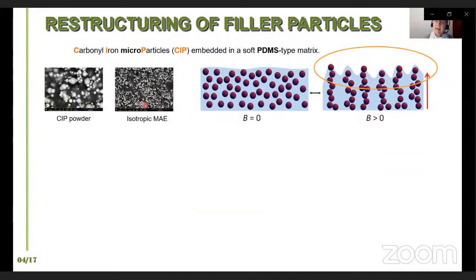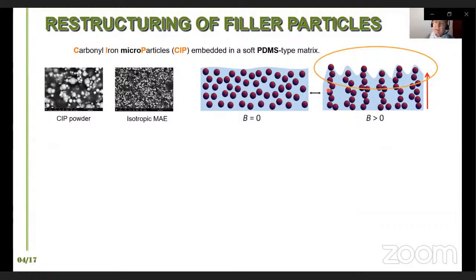Typical size or diameter is several micrometers, and they are, in the absence of a magnetic field, isotropically distributed in the polymer matrix. But when a magnetic field is applied, they start to form chains of these magnetized microparticles, and this chain formation actually changes and affects the mechanical and other properties.